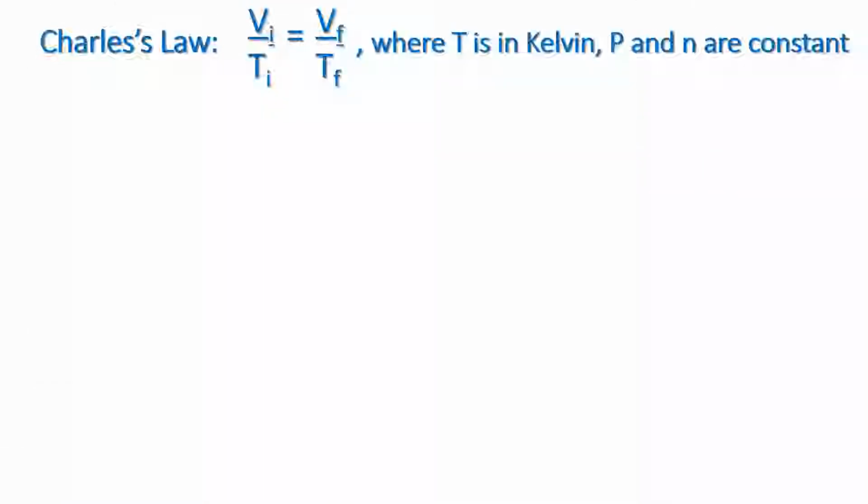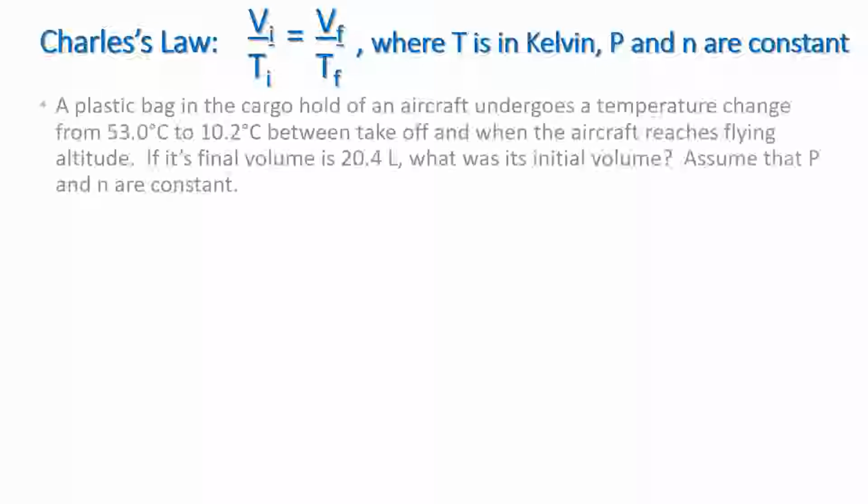Here we have Charles's law, which states that the initial volume and temperature are equal to the final volume and temperature, where temperature is in Kelvin, and the pressure and moles of gas are held constant. So if we introduce a problem, we can see how we're expected to solve for one of these variables.